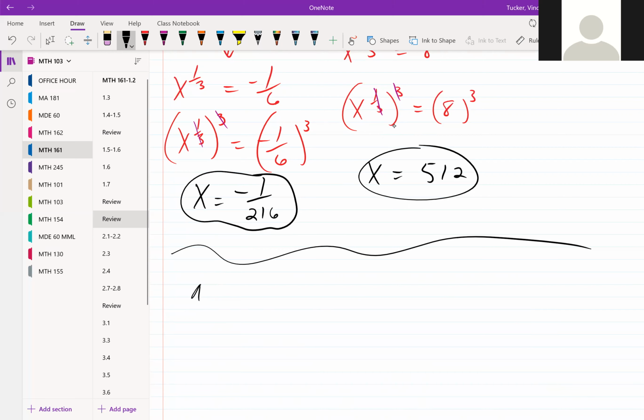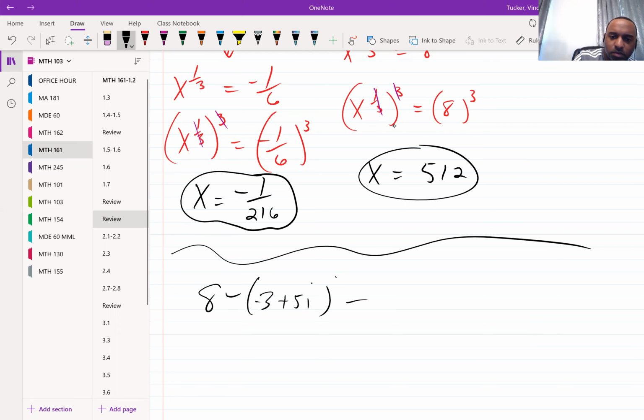8 minus, in parentheses, negative 3 plus 5i, then minus, in parentheses, negative 8 minus i, then equals.